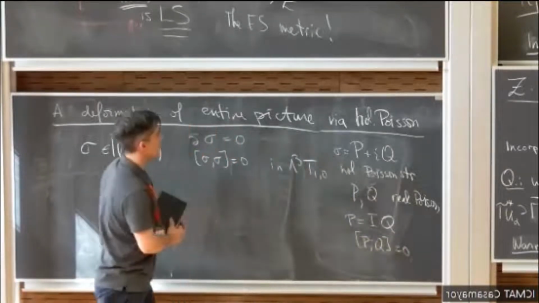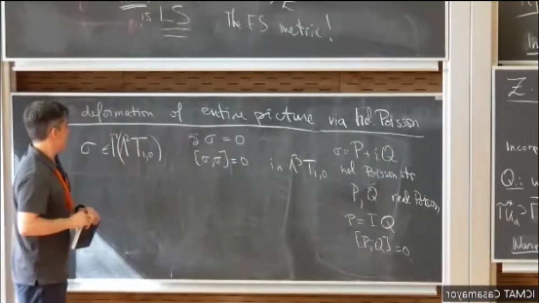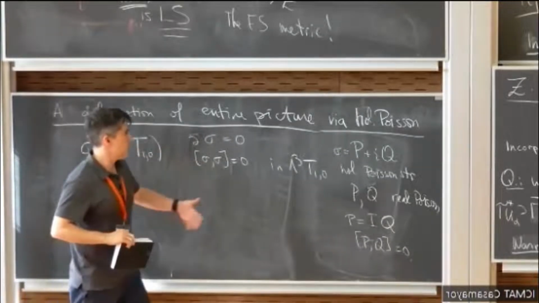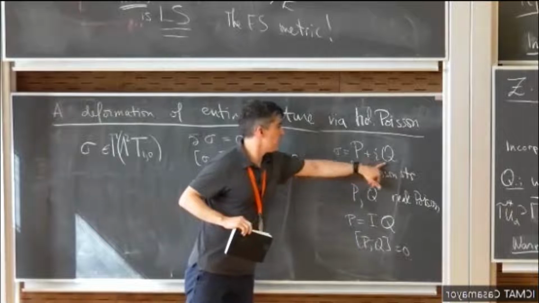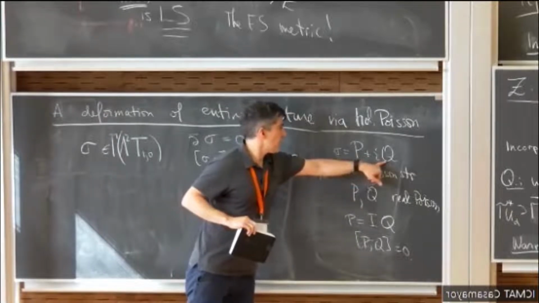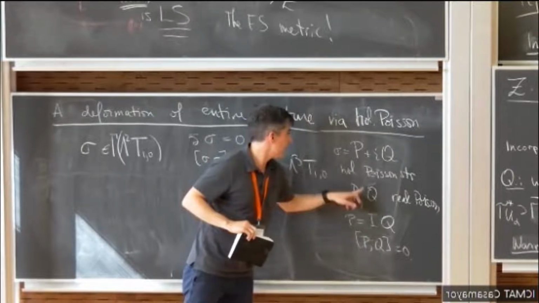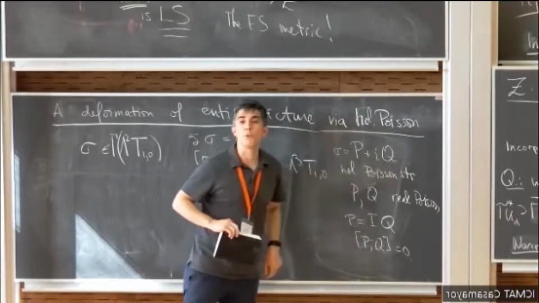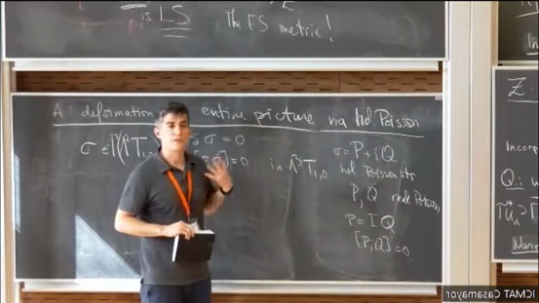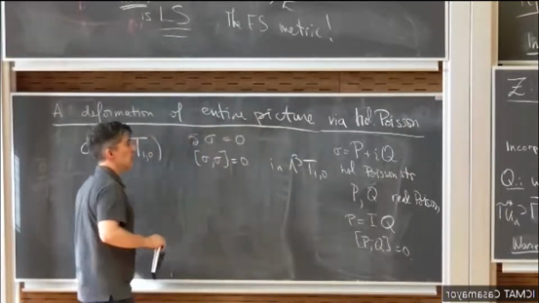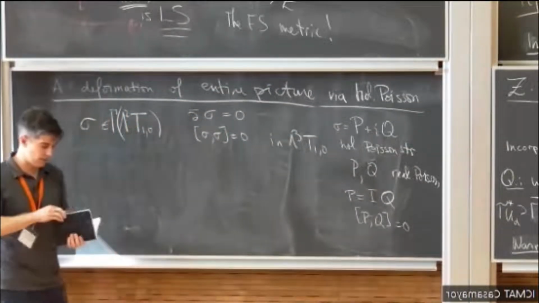So a holomorphic Poisson structure is really a pair of real Poisson structures whose quotient is the complex structure on the manifold, which commute with each other. That's really what it is. It's a pair of commuting real Poisson structures differing by a complex structure.